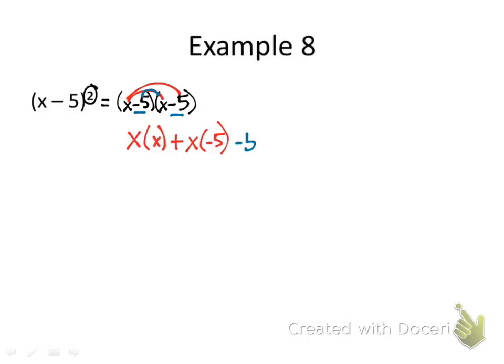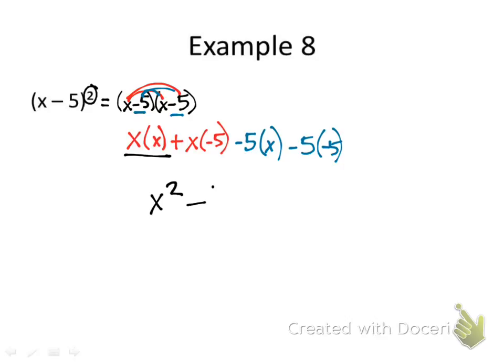That's going to be negative 5 times x, and then negative 5 times negative 5. Once again, if you would prefer to make all these plus signs and then clean up the signs, that is your business, as long as every 5 has a negative with it until you clean things up. So, in the front, x times x is x squared. What is x times negative 5?